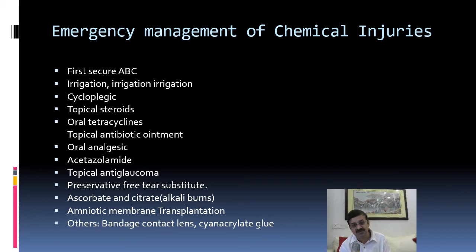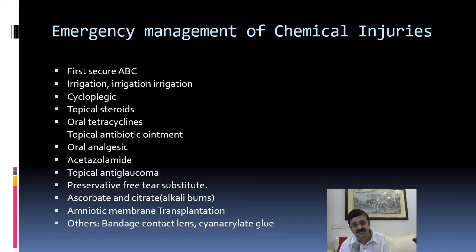It helps to maintain the clonogenicity of the limbal stem cells, so they can better function in the repair of the cornea, as well as it forms a biological scaffolding for the corneal epithelium to regrow. And others such as bandage contact lenses or cyanoacrylate glue might be given.